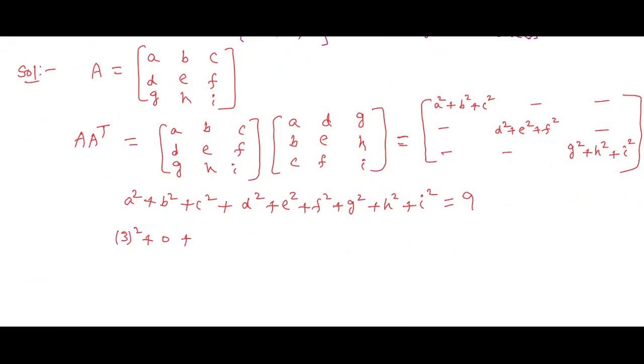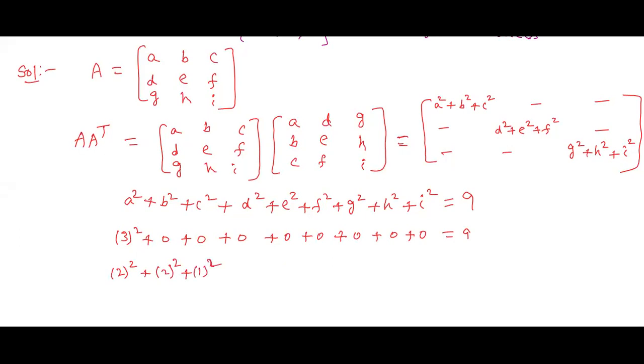The remaining elements we can take as 0. Total, how many elements are there here? 9 elements. This sum is 9. Next, 2 square is 4, again 2 square is 4, and 1 square.